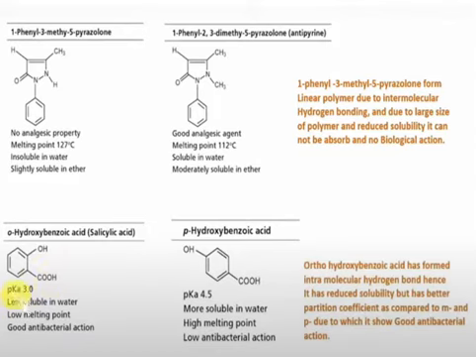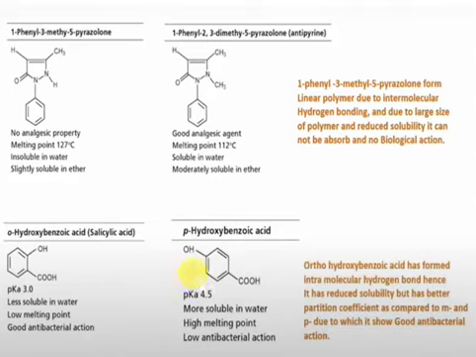This molecule has good antibacterial action and less water solubility, while this other isomer, the para-hydroxybenzoic acid, has a pKa value of 4.5 and is more water soluble. You can see the reason why it becomes water soluble: intermolecular hydrogen bonding. It has low antibacterial action because, being more water soluble, it is not able to go through the cell membrane of the bacteria.